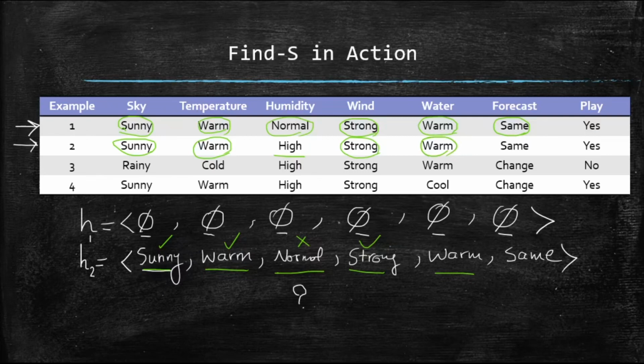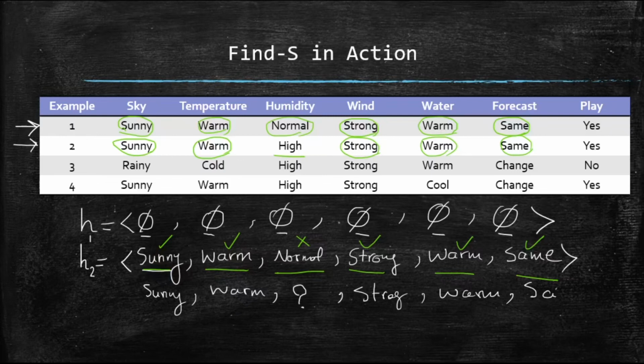Yes, it is. Same? Yes, it is. So I'm not going to change any of these constraints. Still sunny is sunny. Still warm is warm. Normal changes to the question mark, meaning anything goes. We've got strong, warm, same. And this is the next hypothesis that we learned.